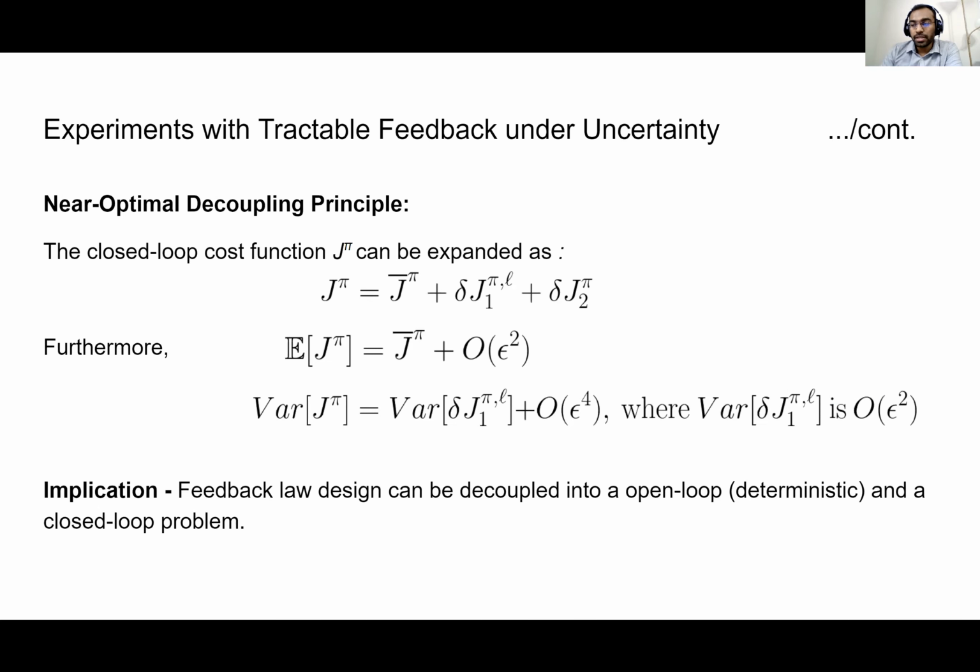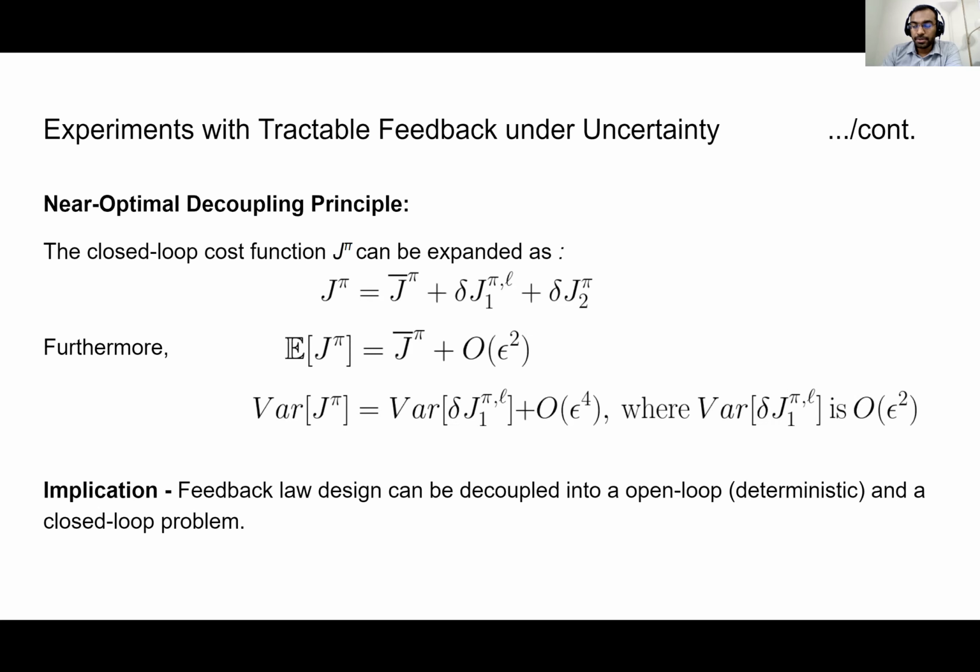We also show that the near optimality of MPC, which is the deterministic feedback law, is of order epsilon to the power 4, where epsilon is a parameter which indicates the intensity of the noise level. So for small epsilons, the optimality of perturbation feedback and MPC is close to the stochastic feedback law.